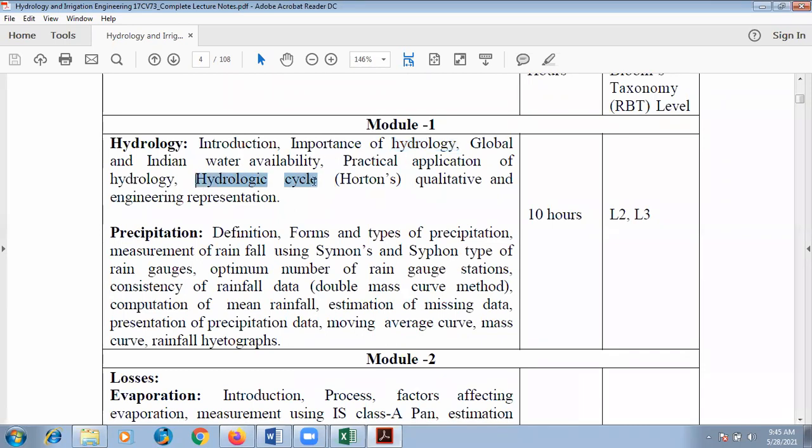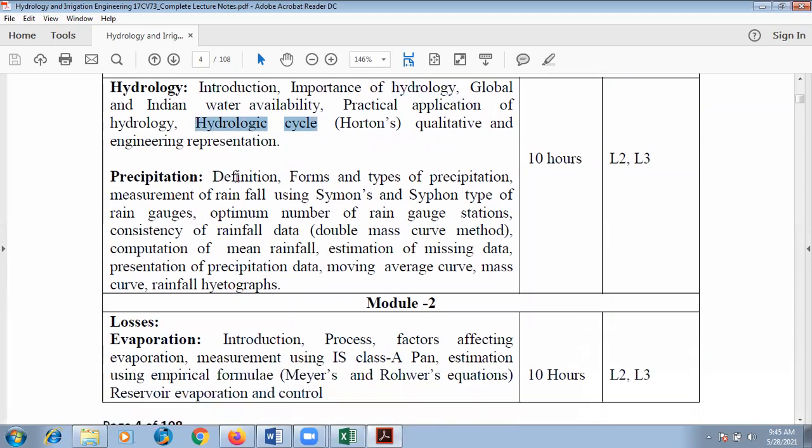Then the hydrologic cycle was looked into, and the later part is all about precipitation. The definition of precipitation: any moisture which reaches the surface of the earth, maybe in the form of rainfall, maybe in the form of snow, dew, hail, sleet.